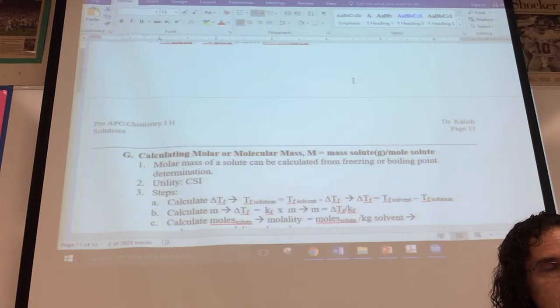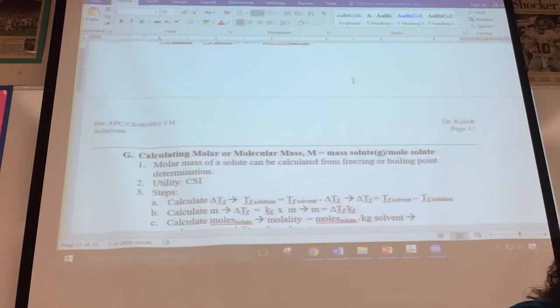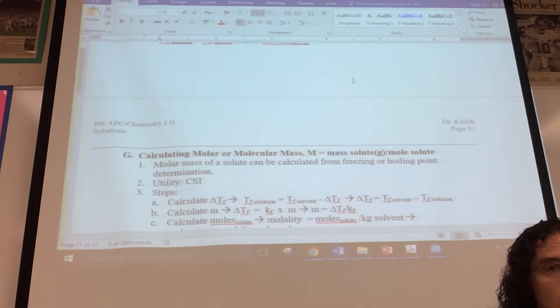I do not anticipate a second quiz in solutions, so it's really important that you are able to calculate freezing points of solutions, boiling points of solutions. Make sure you're understanding it. You can do the classwork with ease because you won't be quizzed on it again.